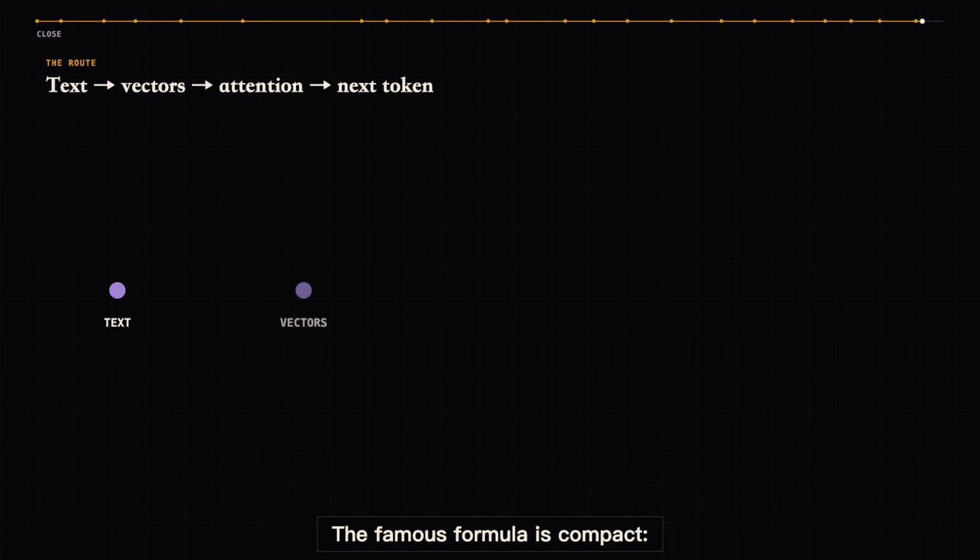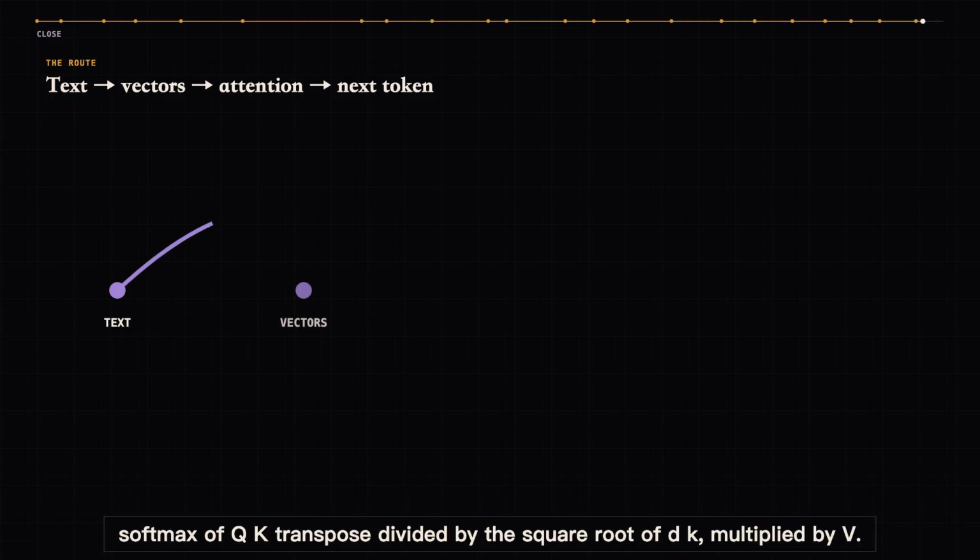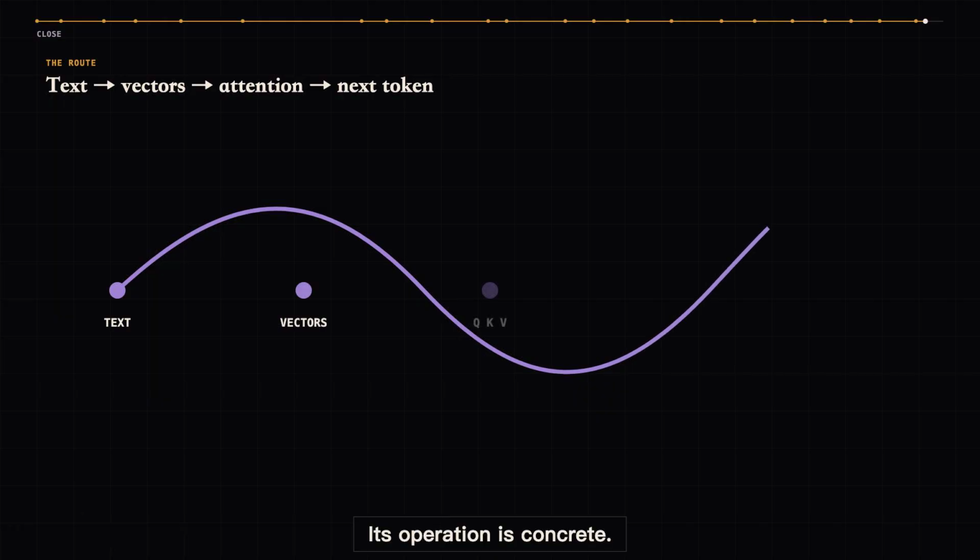The famous formula is compact. Softmax of QK transpose divided by the square root of d_k, multiplied by V. Its operation is concrete. Queries and keys make scores. Scaling controls the score distribution. Softmax makes weights. The weights mix values.